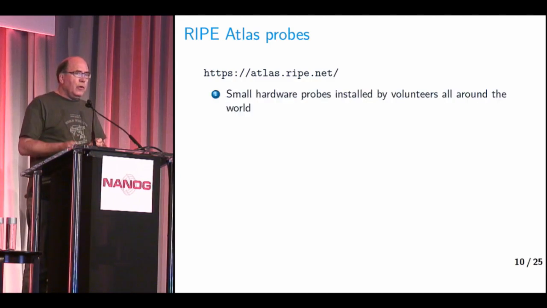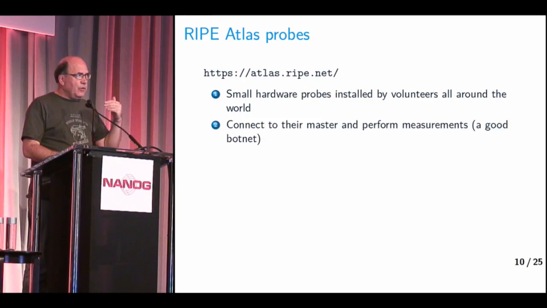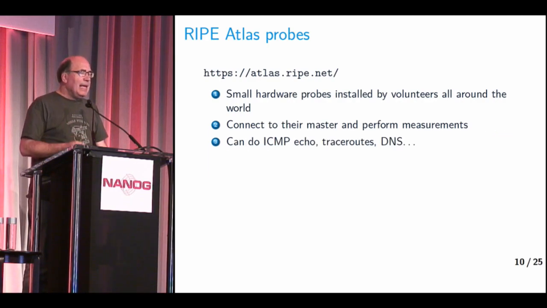For those who don't know, they are small hardware probes that volunteers install on their network. And the probes connect to the master at the RIPE NCC, and then the master can instruct the probe to perform measurements. In a way, they are a botnet, but a good botnet, a nice botnet. So they can do ICMP echo, traceroutes, and important for us, they can do DNS, with a lot of options.